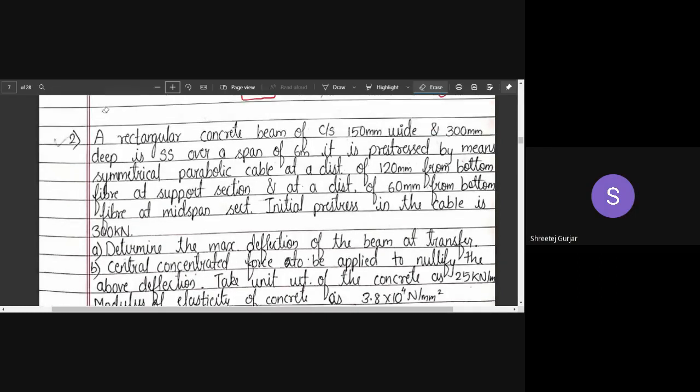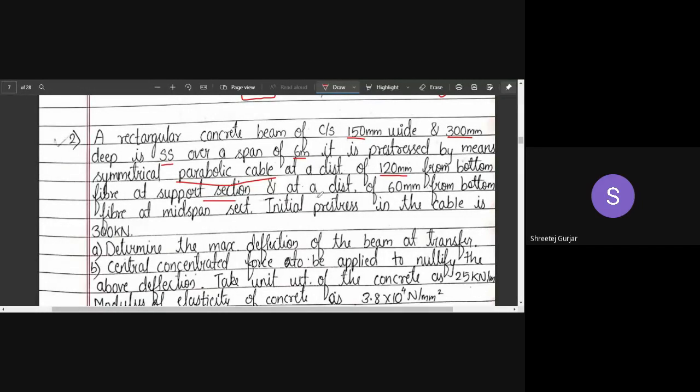Okay, thank you. So we have a rectangular cross-sectional beam. It is 150 mm wide, 300 mm in depth. It is simply supported, no problem. Span is 6 meters. We have a parabolic cable at a distance of 120 mm from the bottom at support section.